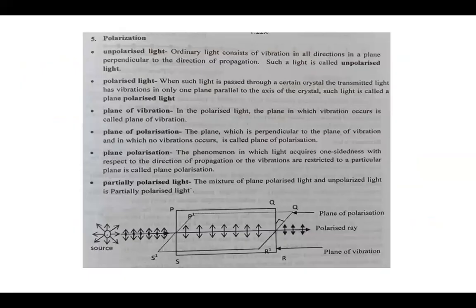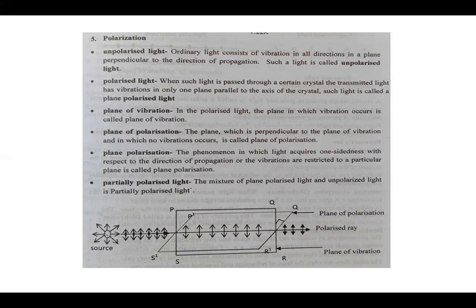So next is polarization. Under that polarization, we have to study some of the concepts like what is unpolarized light and polarized light, right? So the first thing is polarization. What do you mean by polarization?